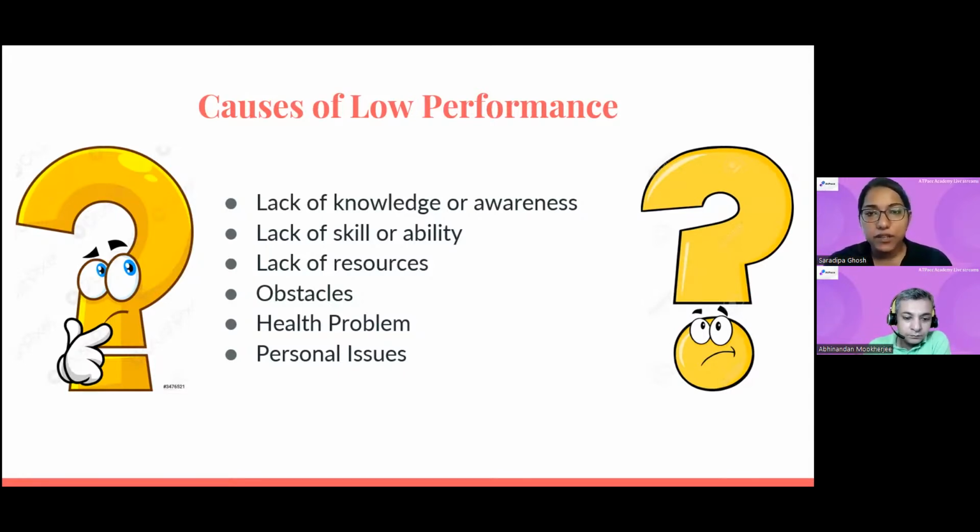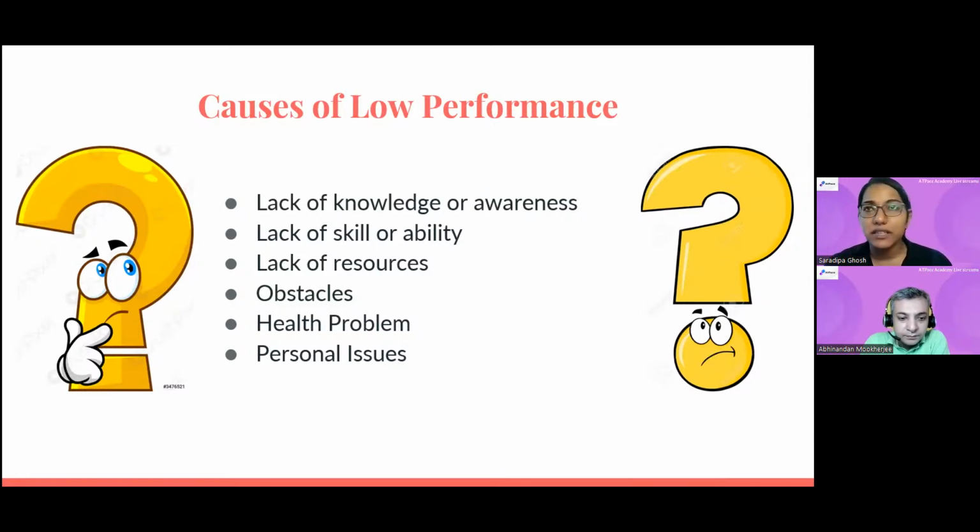Then there is lack of skill or ability. Skill is a proficiency that is learned, and ability is the physical, intellectual or emotional capability of an employee. These two together can make an employee perform better, and sometimes people lack in this. But I think developing your skill will help you a lot in performing better.